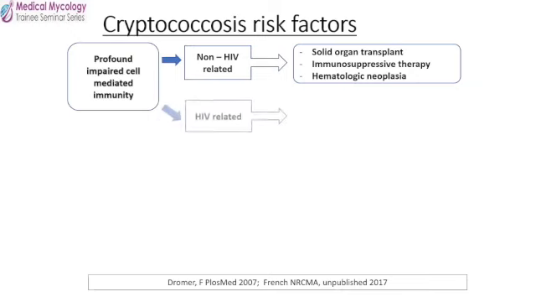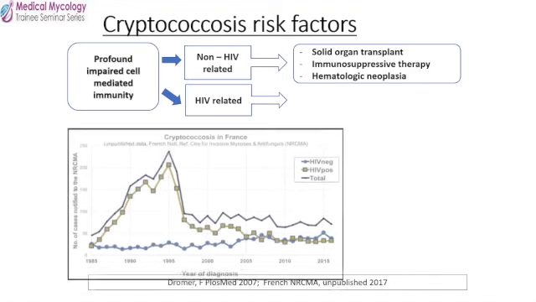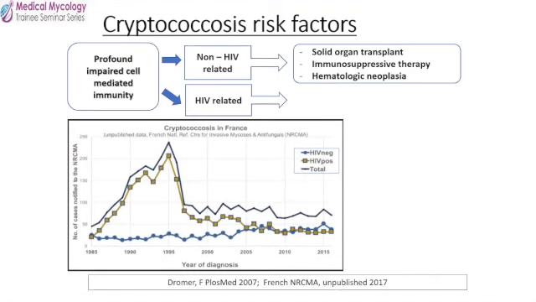So just to share with you some data about HIV-related cryptococcosis, when we look at some surveillance data of the National Center for Invasive Mycosis in Institut Pasteur, we see that at the end of the 80s and the beginning of the 90s, there was really a surge in the total number of cases of cryptococcosis.